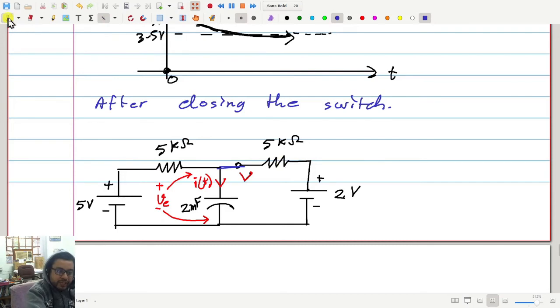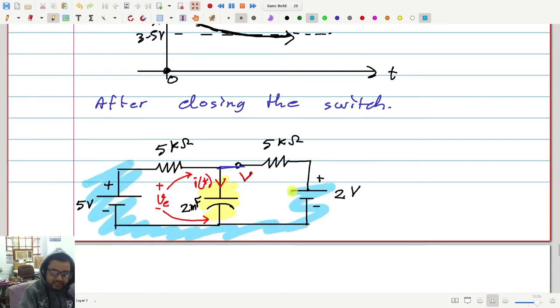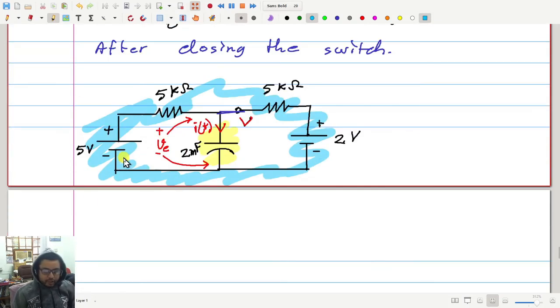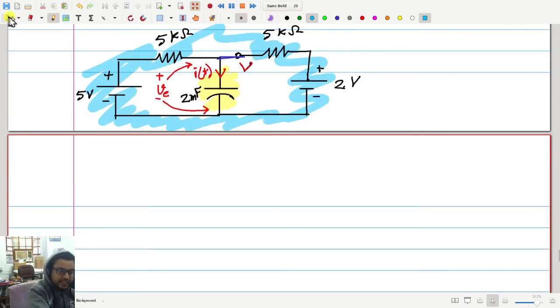And you see, we are interested to find what happens only across this capacitor, and we do not want to know what happens in the remaining part of the circuit. So that is not required. So we will draw this circuit in a different way like this.